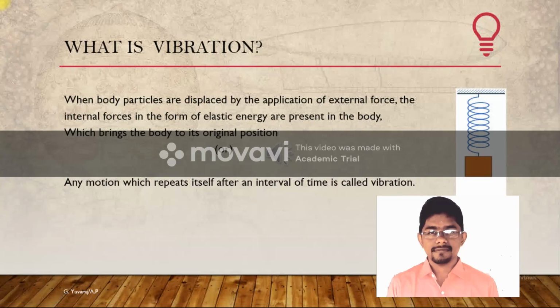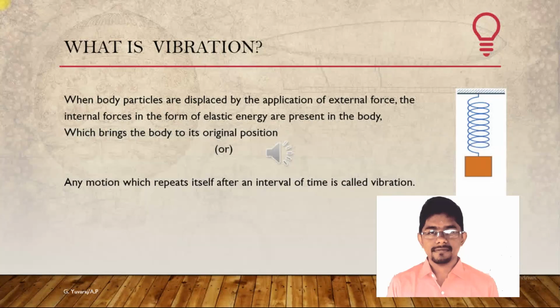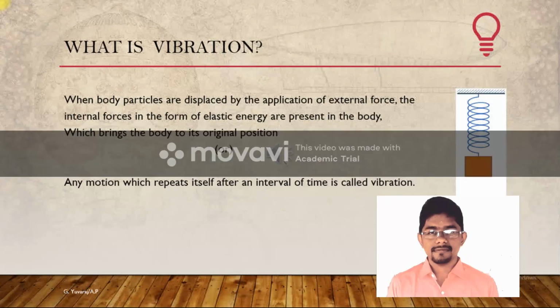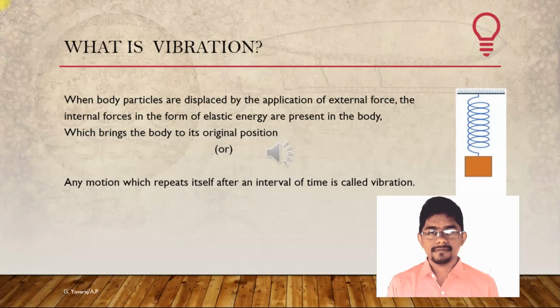When a body is displaced by the application of an external force, the internal forces in the form of elastic energy bring the body back to its original position, which means the body is displaced from the equilibrium position by applying some external force. If vibration happens in a certain object, that object is considered an elastic member.